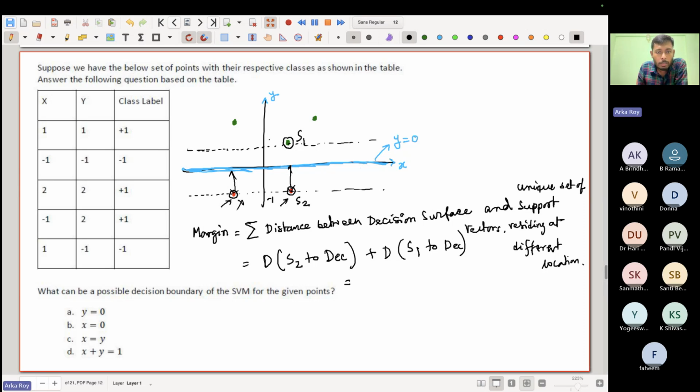This is -1, this is 1. What is the total value of margin in this case? Margin is 2. Yes, the margin is 2. So for this y equal to 0, we have got margin equal to 2.